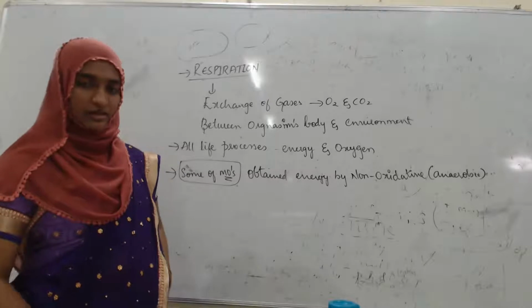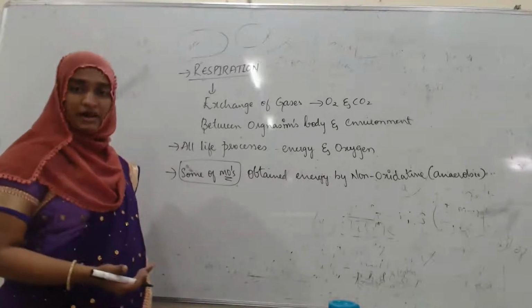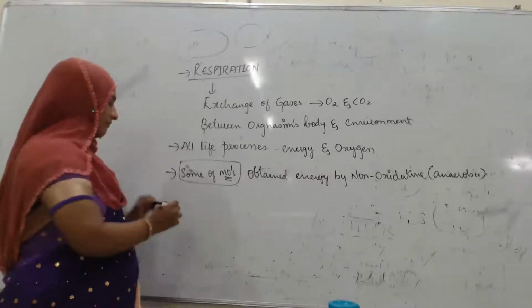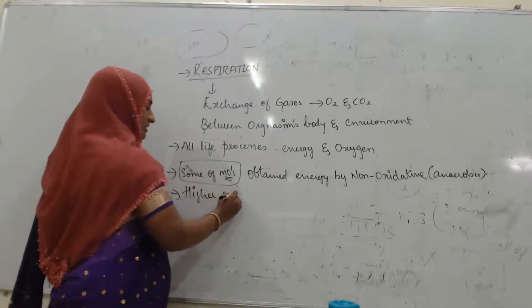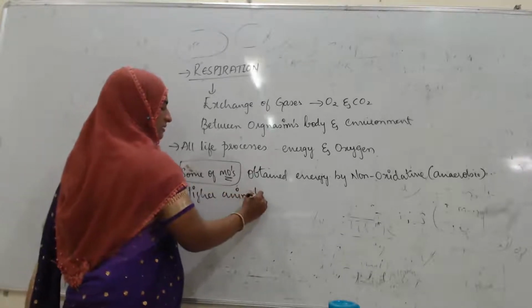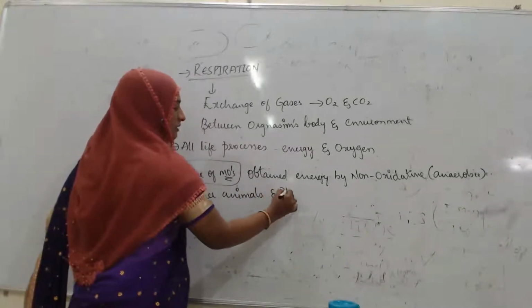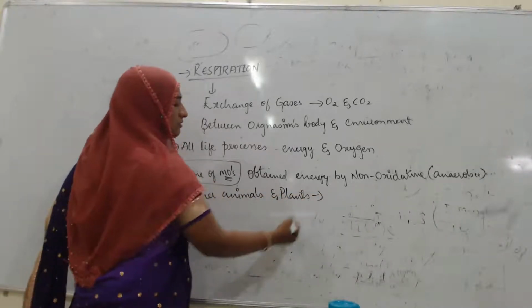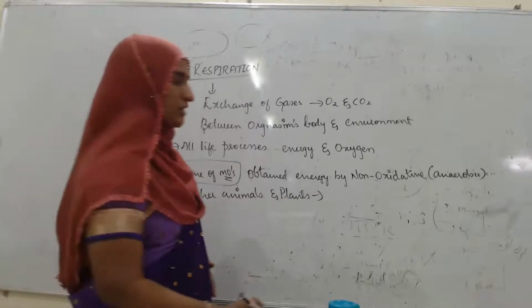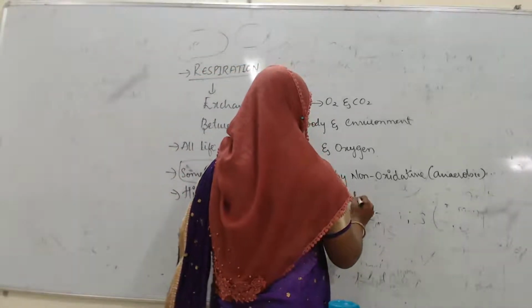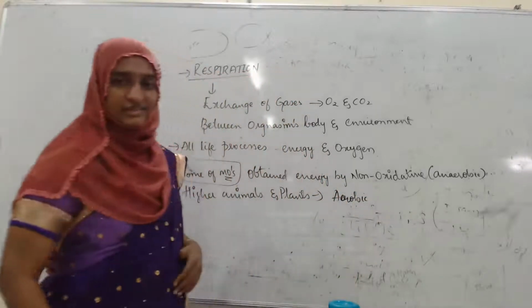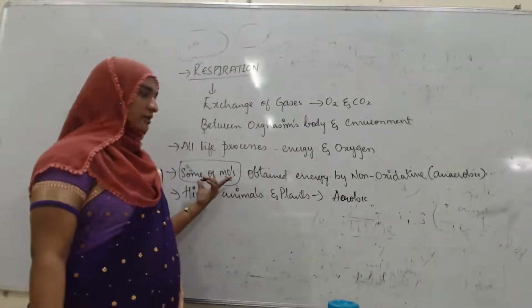Okay, but higher animals and plants obtain their energy by which process? That is the aerobic process.